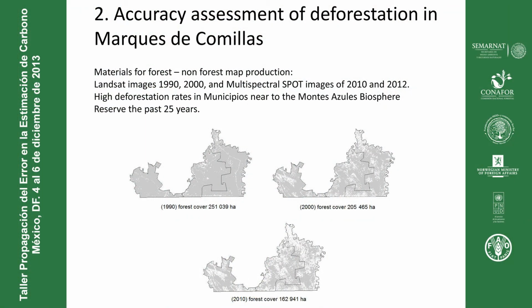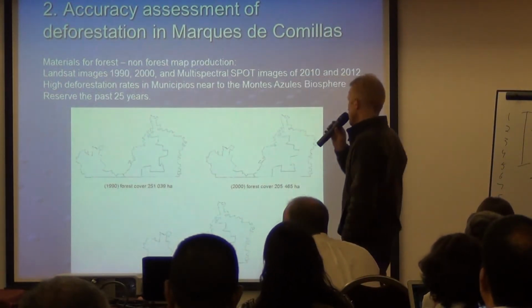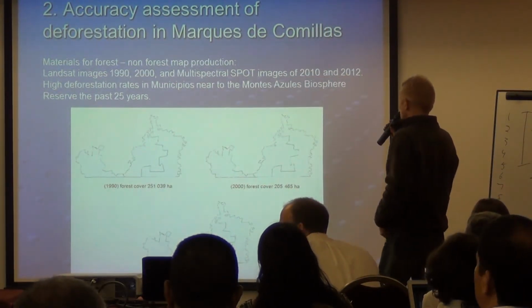I think this slide is useless because we cannot see the classification, the two classes, non-forest and forest, but it was illustrative of how between 1990 and 2010 deforestation is happening at a high rate.